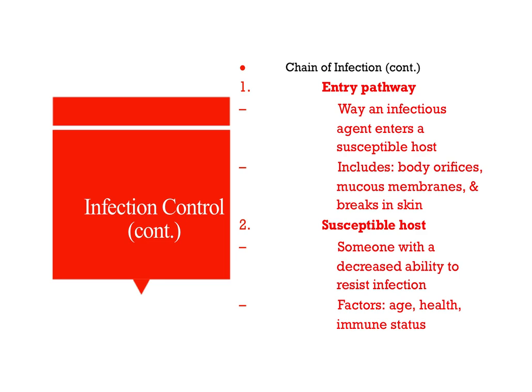We come in contact with microbes, bacteria, and viruses all day, every day, but we typically have healthy immune systems and they don't affect us. They are blocked by our immune system and we don't even realize it. But if you are a susceptible host, which is someone with a decreased ability to resist infection, you will get infected.